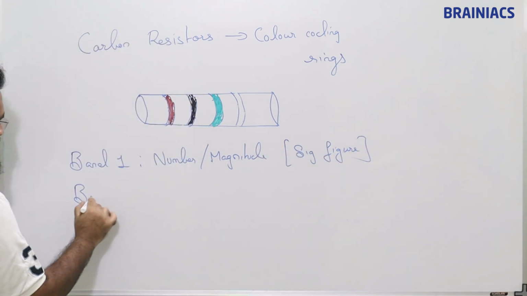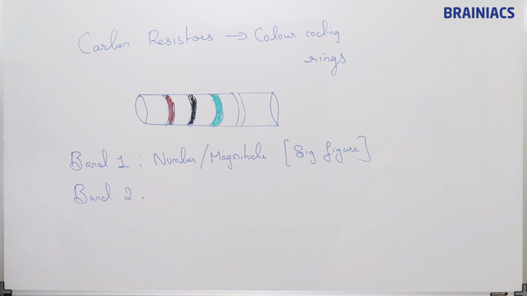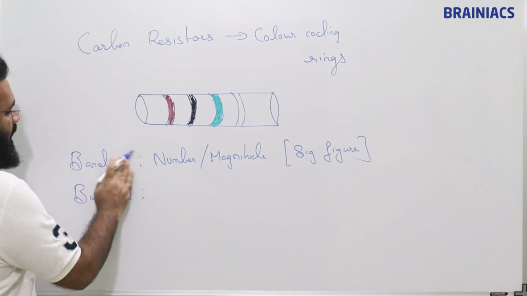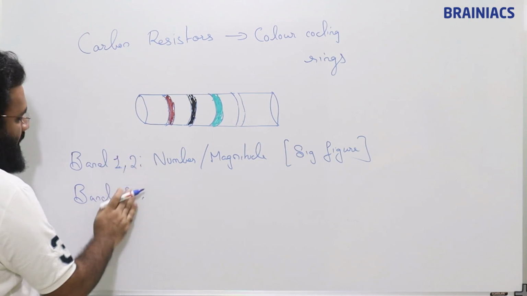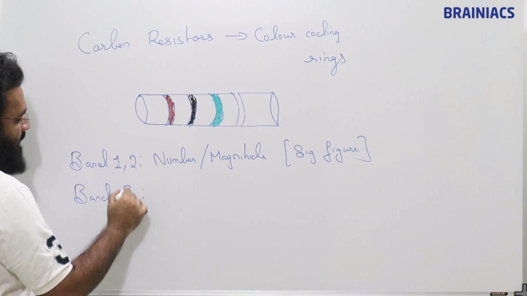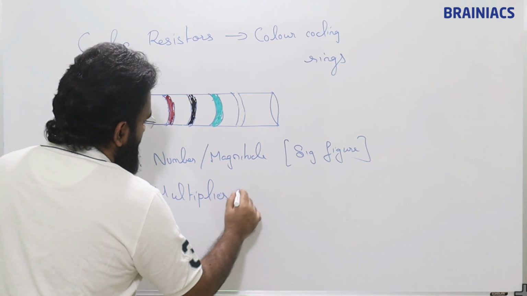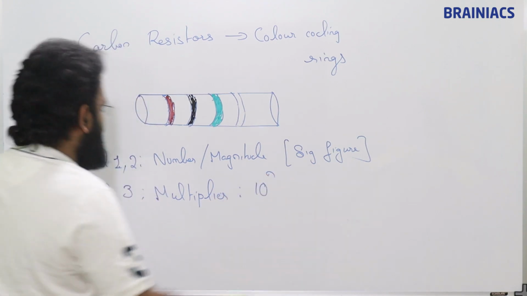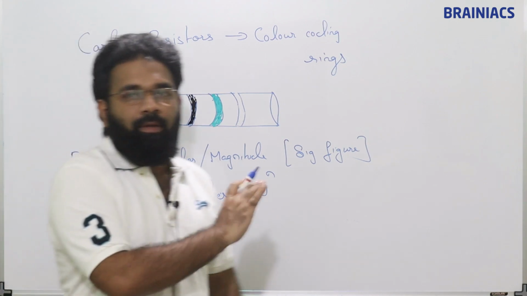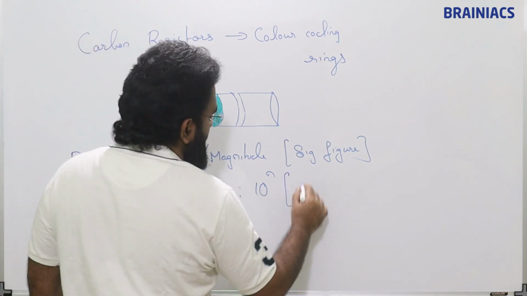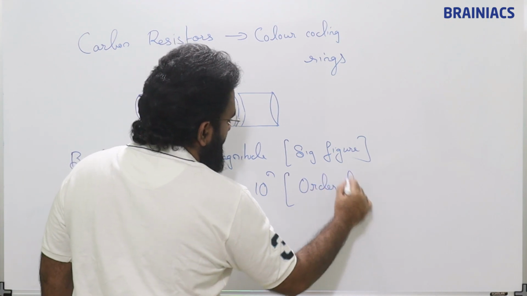Band 2 is also a number, so band 1 and 2 we will write together, the same significant figures. Band 3 is the multiplier, just like 10 raised to n. Whatever comes here will be the multiplier, so we can say order of magnitude.